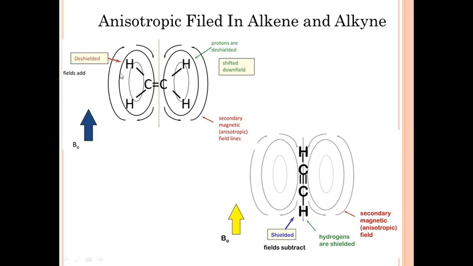You can also see here in case of alkene, again when we apply the external magnetic field due to the presence of pi bond, that particular alkene creates its own induced magnetic field, and at the middle region the induced magnetic field is opposed by the applied field, whereas outside of that particular region where this alkene proton lies, the applied magnetic field reinforces induced magnetic field.